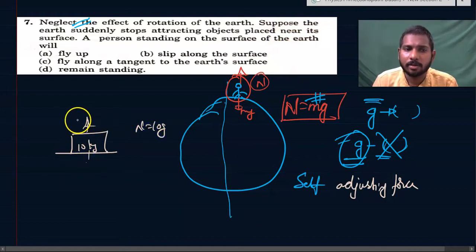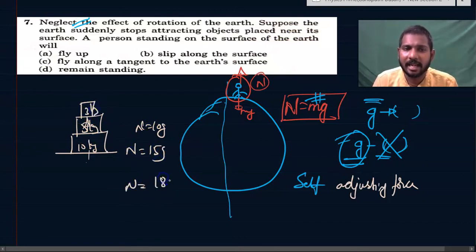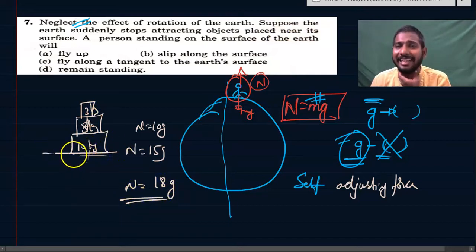But if you keep another 5 kg block, if you solve the free body diagram, you will find N becomes 15 g. If you add another 3 kg here, N becomes 18 g. So the actual normal reaction gets adjusted to the required amount.